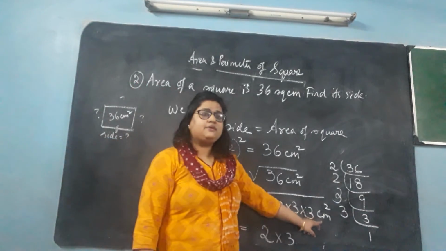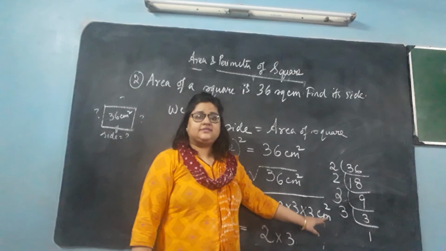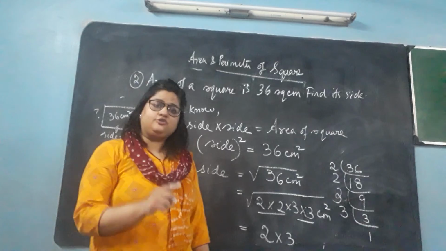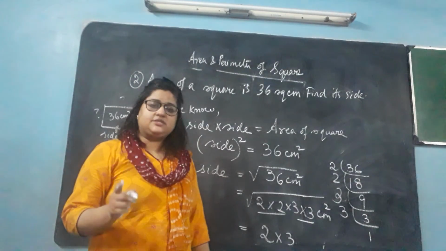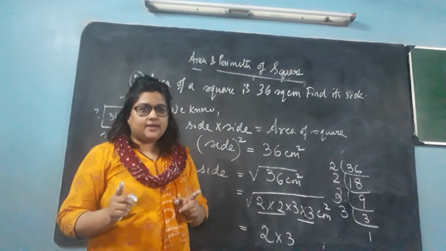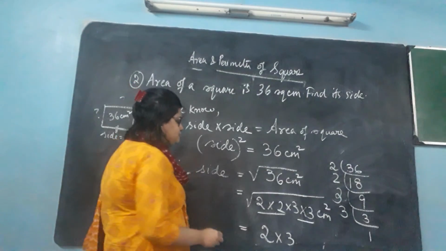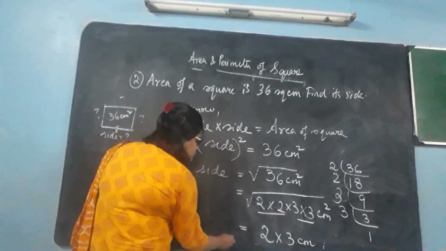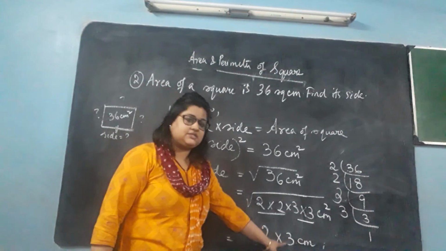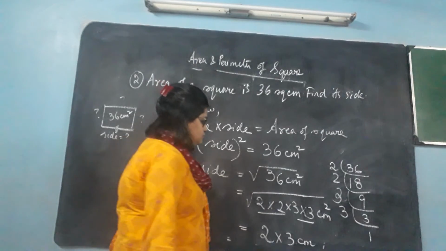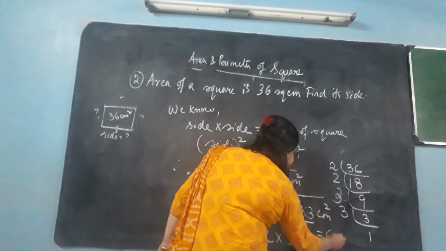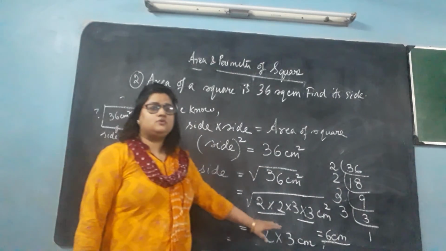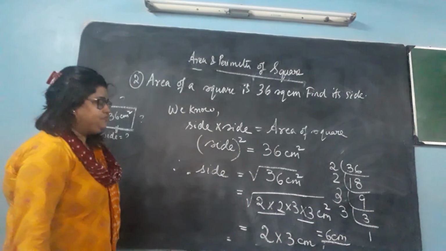Similarly, centimeter square: if I break it, it means centimeter into centimeter. So centimeter is also present 2 times. Out of the 2, I have to take out only 1 unit. So the final answer is 2 threes are 6 centimeter. This is our answer. Side value is equal to 6 centimeter.